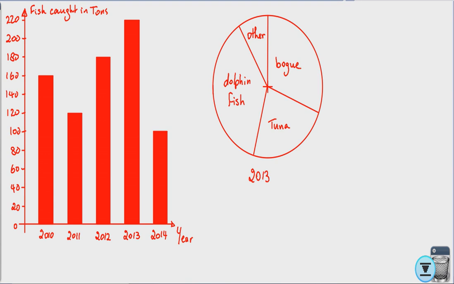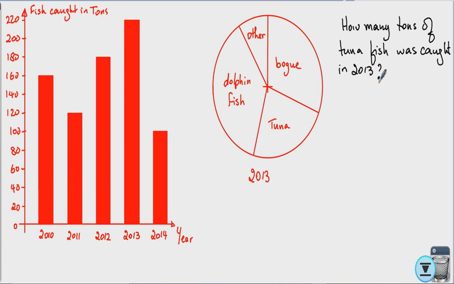And then there is a pie chart which shows us that in 2013, the fish caught was as follows. There were some bogue, tuna, dolphin fish, and other types of fish. So I can ask you to use the two graphs, for example, to find how many tons of tuna fish was caught in 2013.